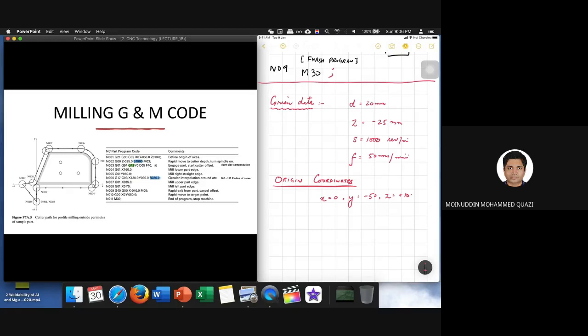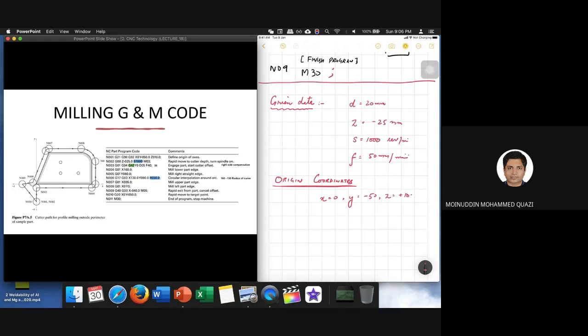Why do we need cutter compensation? Because the cutter has a certain radius and has to move along the workpiece edges to do the cutting. So for that purpose we have to specify the radius, or the cutter properties, in the codes. That is something we will learn also.